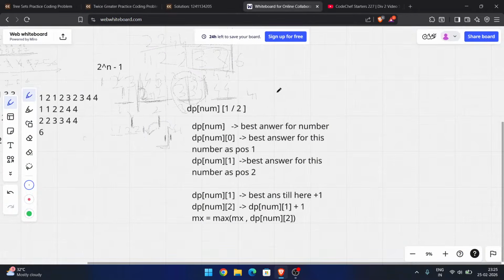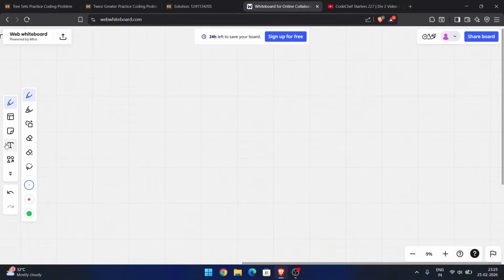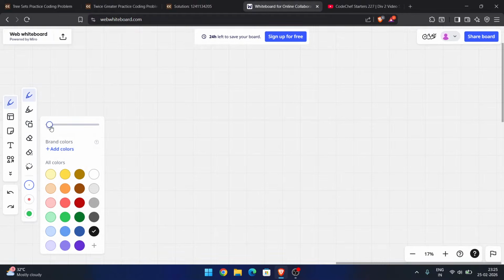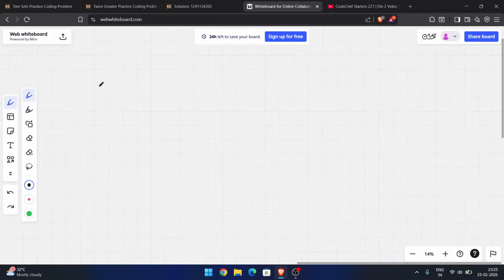Okay, so what does this question say? So this question says that we are given an array.